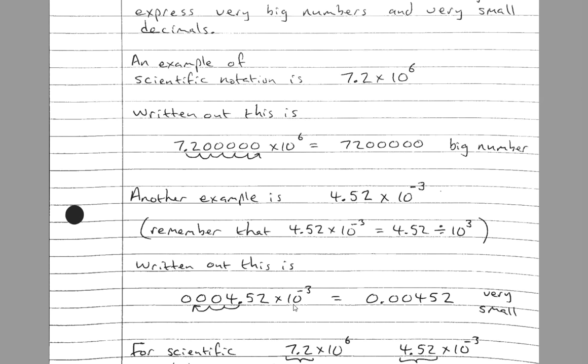But just remember, if you multiply by a negative power of 10, that moves the decimal point to the left instead of the right. So 4.52 times 10 to the power negative 3. So to calculate this, the decimal point gets moved 3 places to the left. I've added some zeros. So we end up with this number.